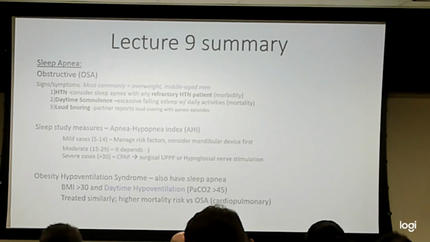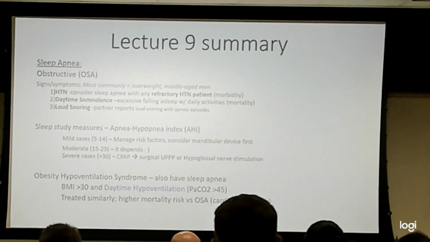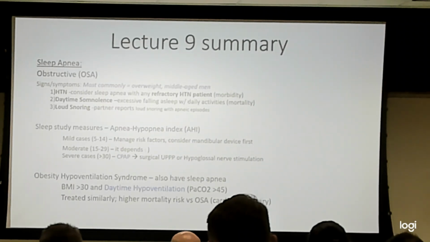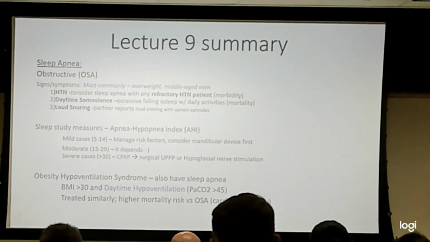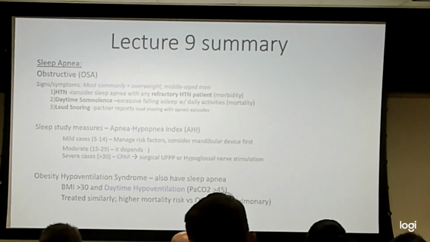And then that mandibular device is one that we, when it's mild, we don't necessarily want to spend the money and get someone started on a poorly compliant treatment. But sometimes we get there. But we usually start with that mandibular device if managing risk factors doesn't help.